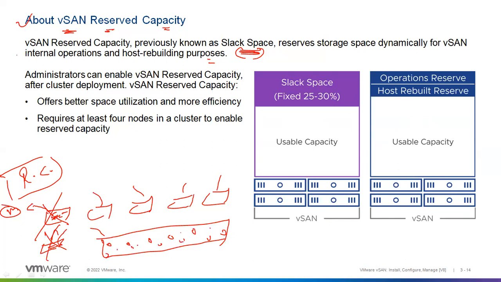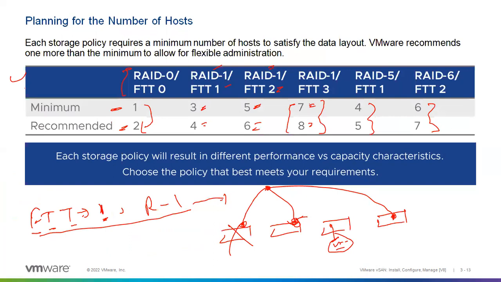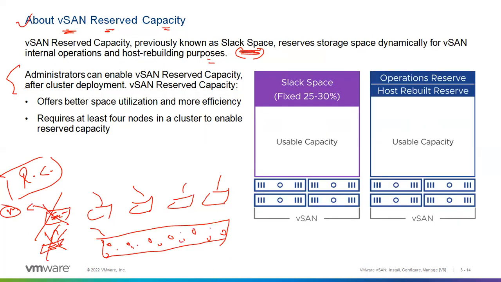Again, it is pretty much correlated to the previous slide where we were talking about FTT1. So this reserve capacity is defined on the basis of the policy that we choose. Earlier we kept 25 to 30% as fixed slack storage.